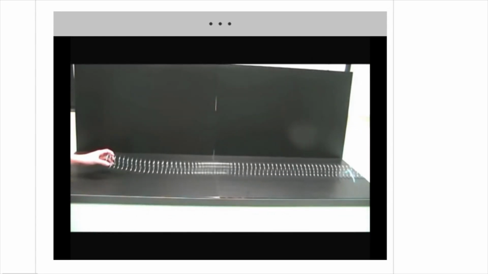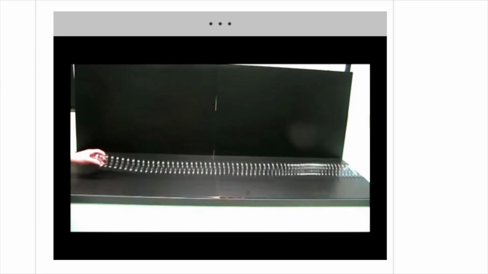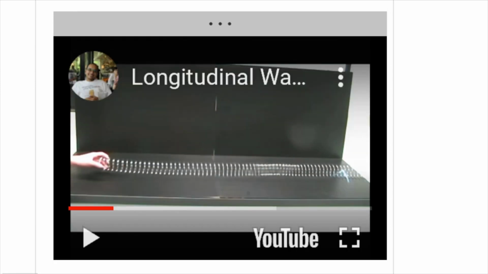Okay, now when we look at this, you can see what's happening. I'm just going to pause that a second. The hand on the left of the screen, I'll just draw a little arrow here, is moving to the left and to the right.